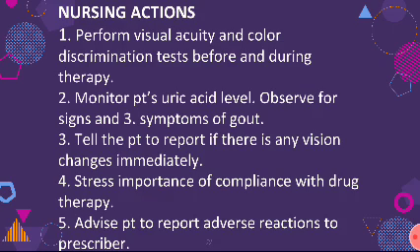And next is we need to monitor patient's uric acid level, observe for signs and symptoms of gout. Because this drug can cause hyperuricemia by decreasing renal uric acid clearance and can lead to polyarthralgia.